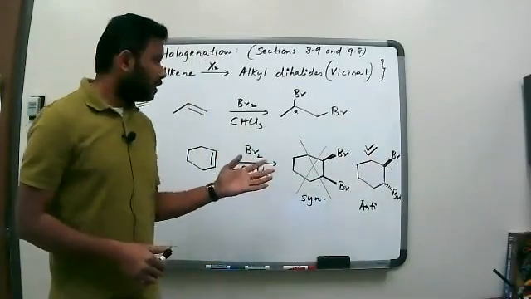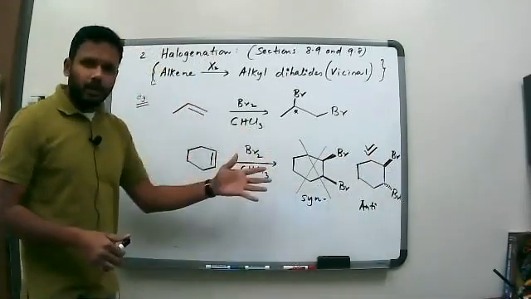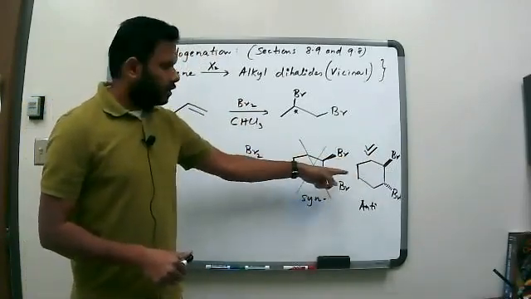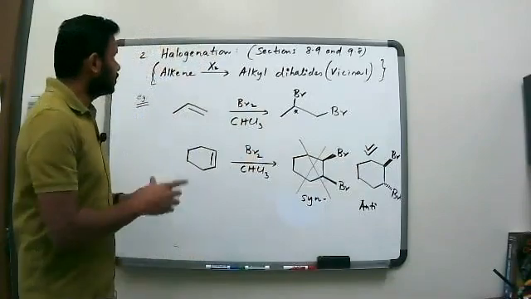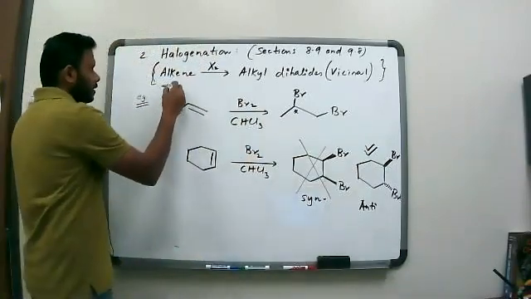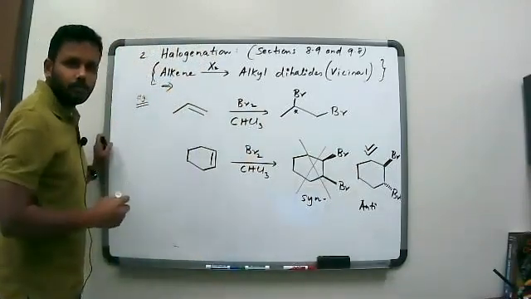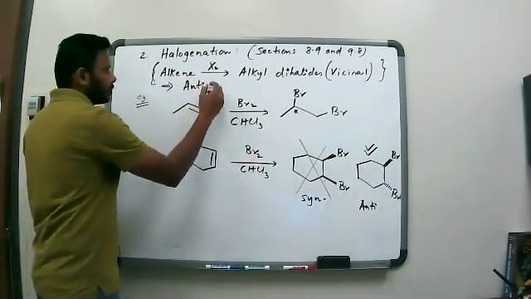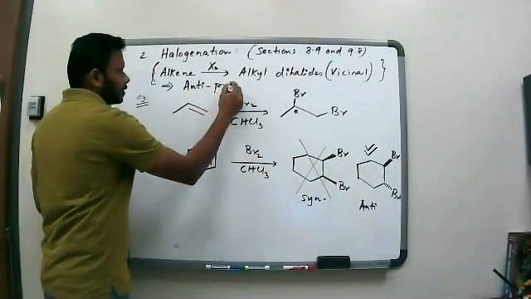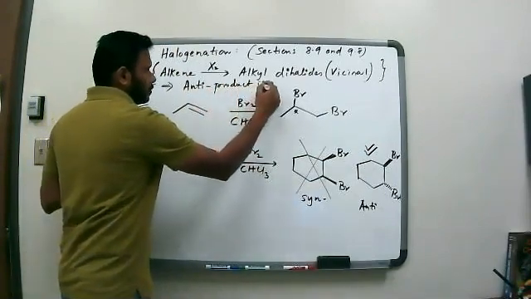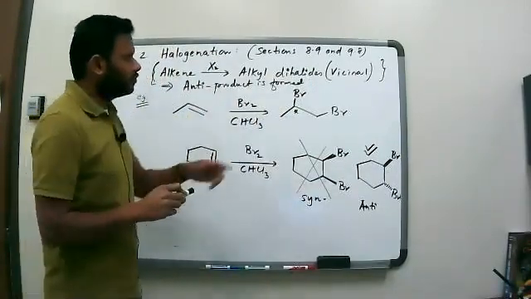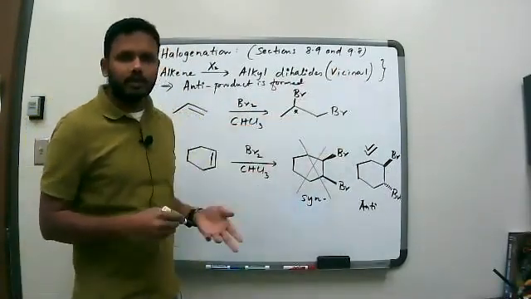So that means the mechanism that we come up with should be able to explain this halogenation. Okay, so that's something that we are going to add here. Important things to remember: anti-product is formed. So that means we get vicinal dihalides and they're also anti to each other.